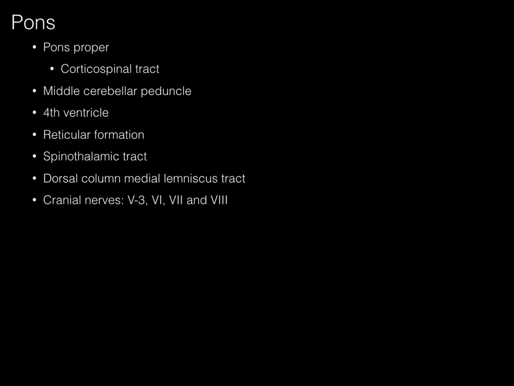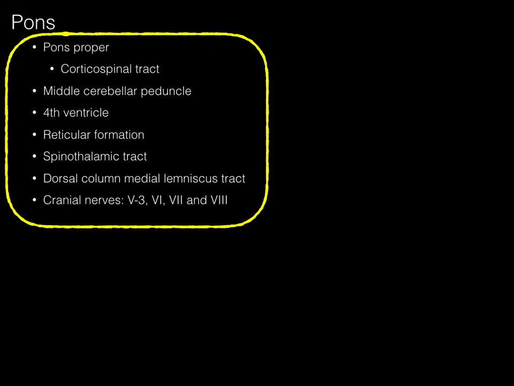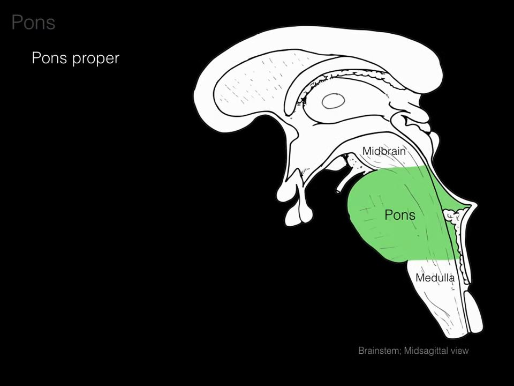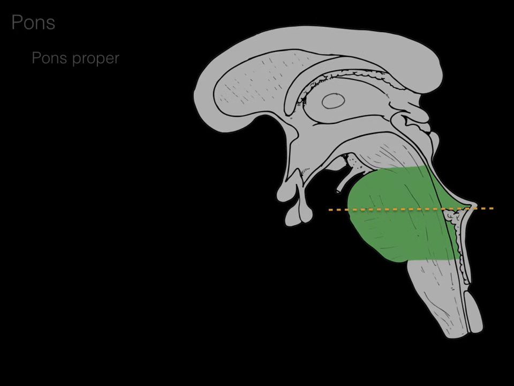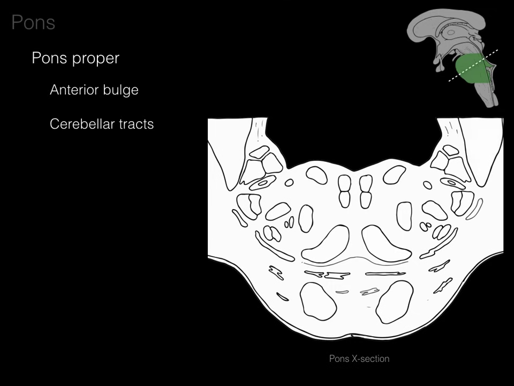Okay, so in the pons, these are the internal and external structures we're going to cover for the pons anatomy. Here's a mid-sagittal view of the brainstem showing the pons, and the pons proper is this anterior bulge, this front bulge we see in the pons. And if we take this in cross-section and look at it, it's here.